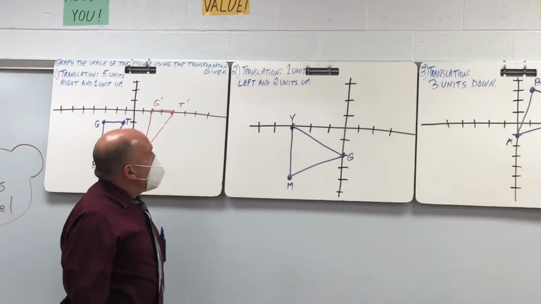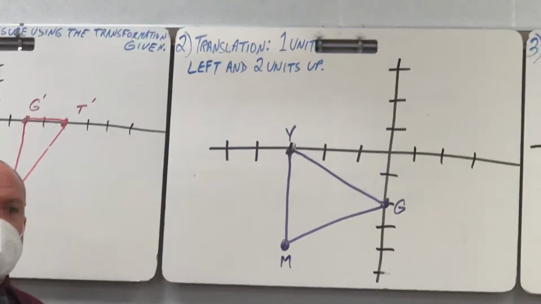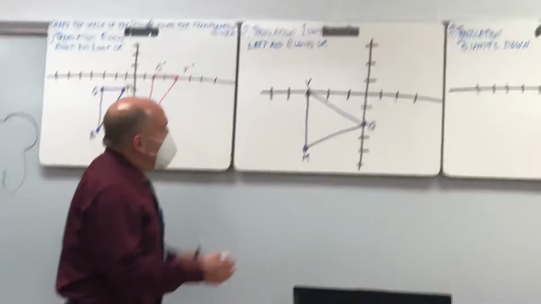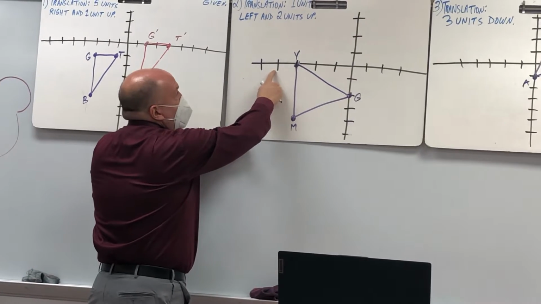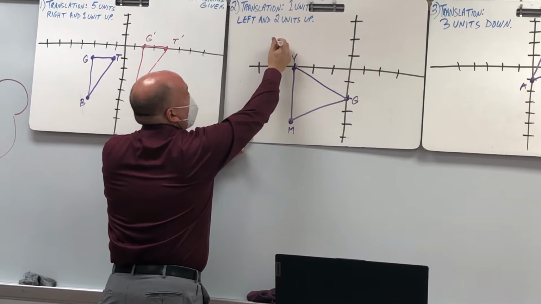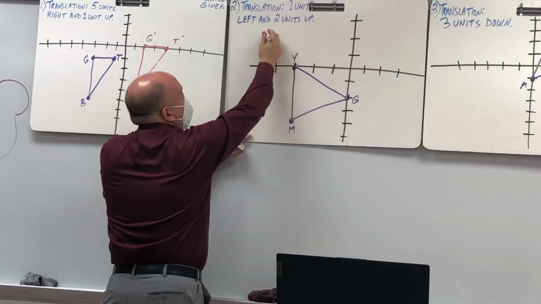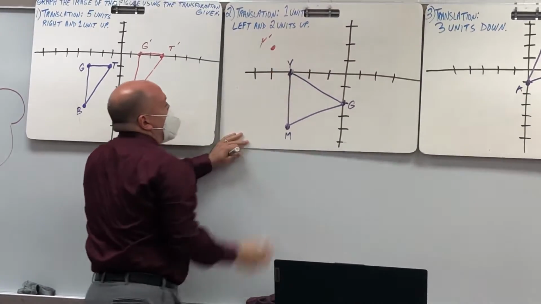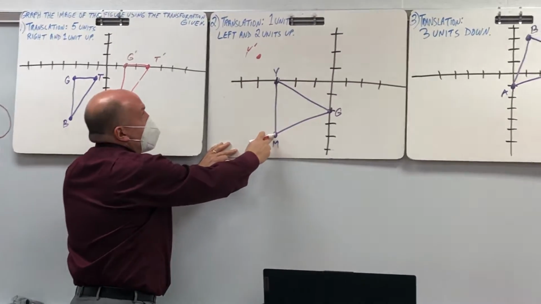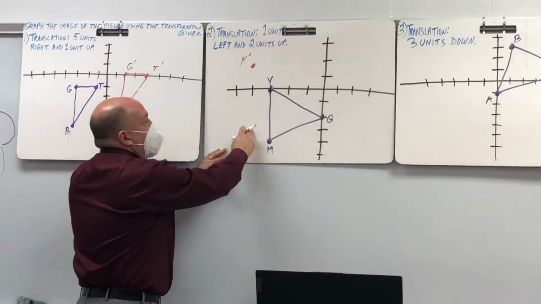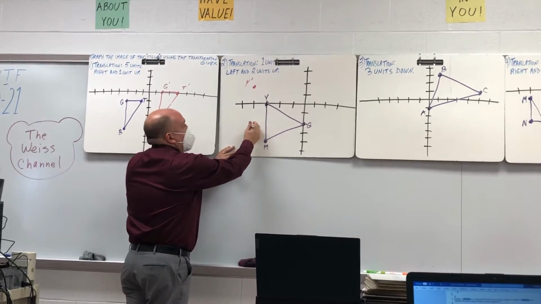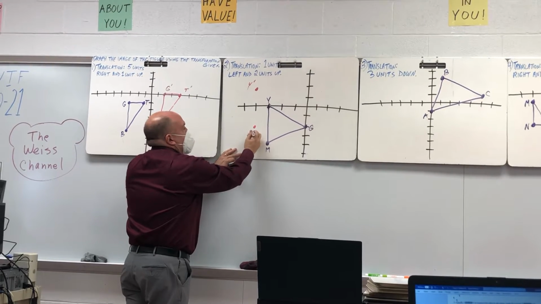Translation, 1 unit left and 2 units up. Okay, I'm going to take Y and go 1 unit left, 2 units up. Call that Y prime. I'm going to take M and go 1 unit left and 2 units up, and call that M prime.